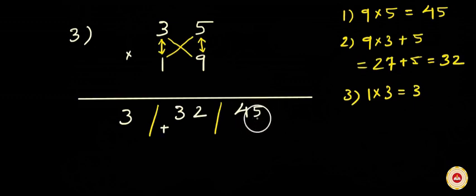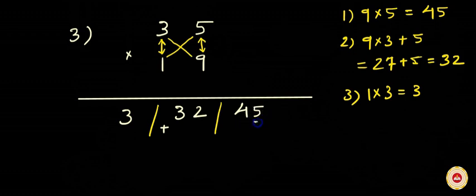Now consider this right part, because the process of passing extra digits is done from right to left. So consider the right part. Is there an extra digit in the right part? Yes, because there are two digits in the right part and we are allowed to retain only a single digit.